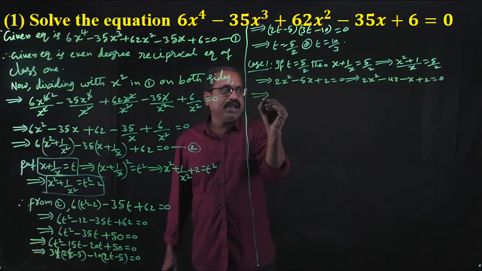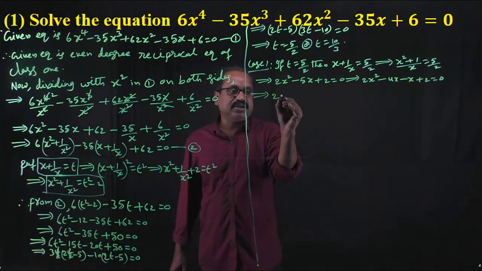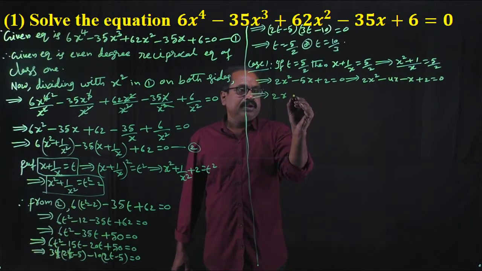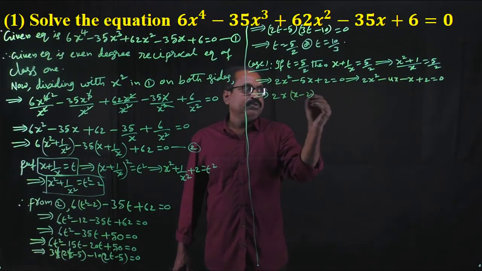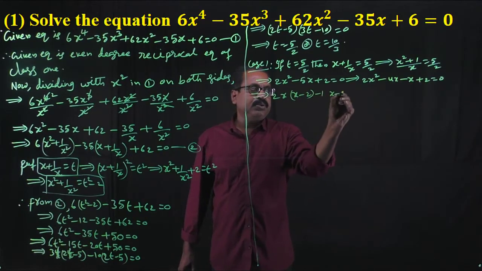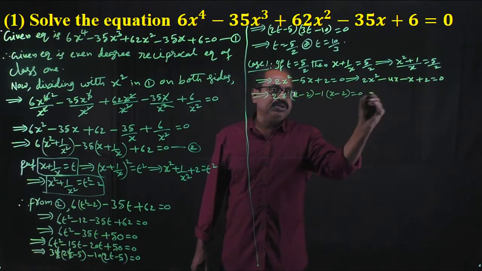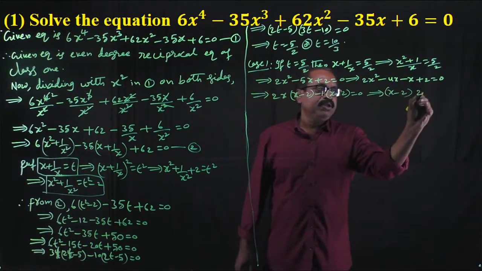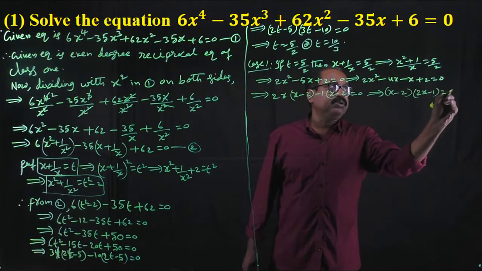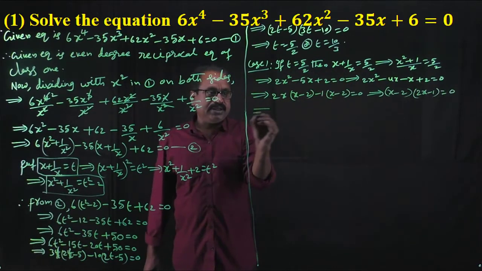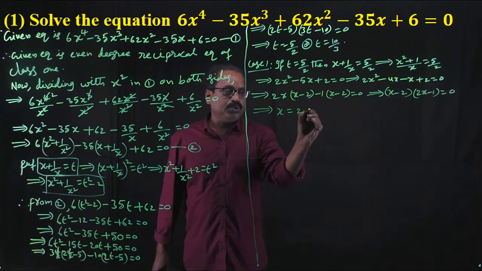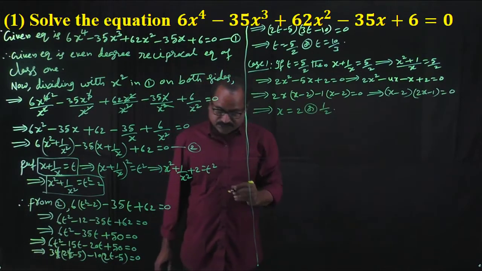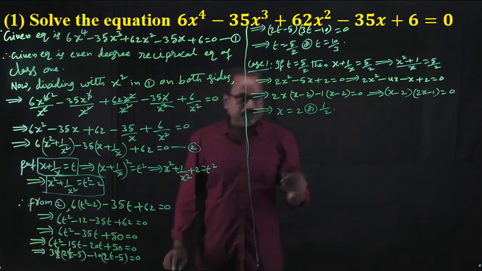So this implies 2x is the common factor, 2x(x - 2), and -1(x - 2) = 0. So (x - 2)(2x - 1) = 0. So this implies x = 2 or 1/2.